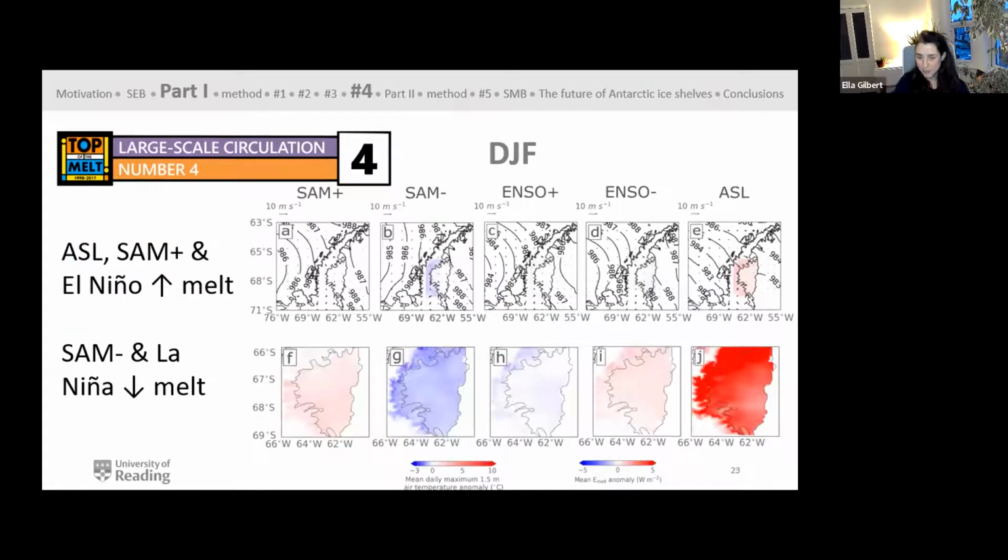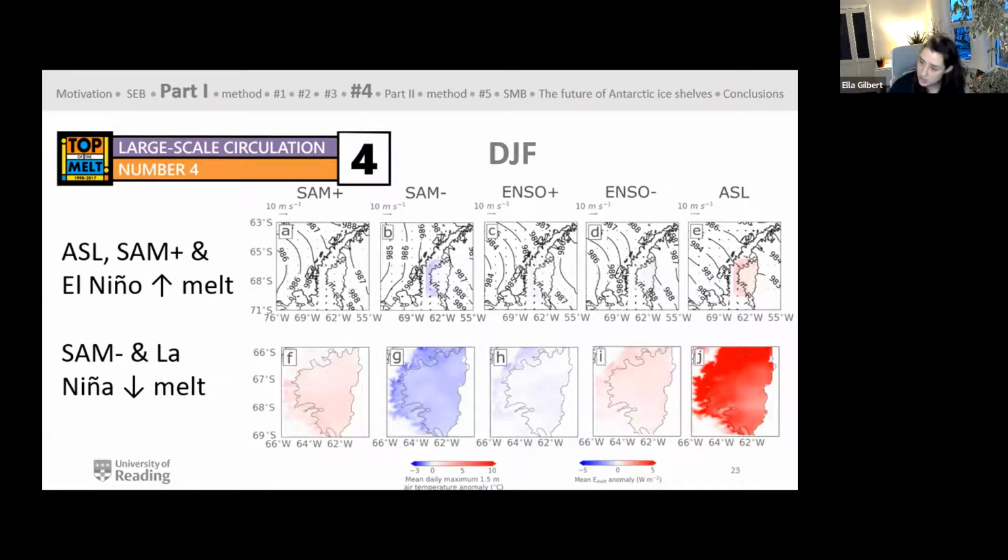Now, number 4, the last one, is large-scale circulation. And this is sort of a cheat, because large-scale circulation impacts all the other factors as well. But here I'm going to focus on 3 regional large-scale circulation patterns. I mentioned them at the beginning: the Southern Annular Mode, which is related to that belt of westerly winds.